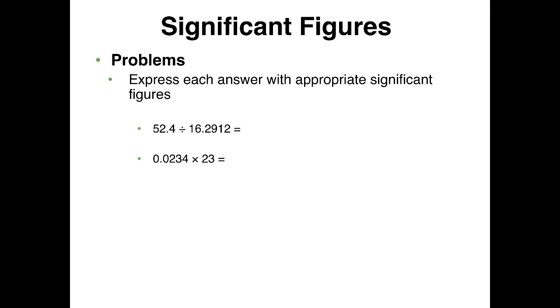The second one, 0.0234 times 23, the calculator reads 0.5382. You should round that up to 0.54.